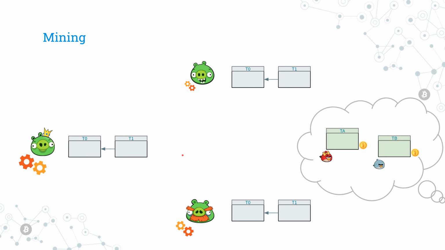The Ethereum peer-to-peer network is populated by two kinds of nodes, miners and validators. The miners, represented here as pet piggies, are those who can append transactions to the blockchain. A miner operates as follows. First, receive the transactions sent by users.